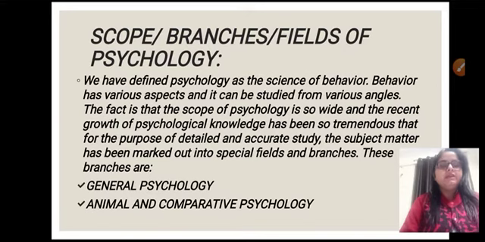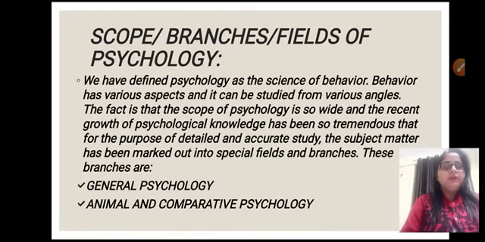So basically, it is the science of behavior, and behavior has different aspects. If I want to study human behavior, it has various angles. To study various angles of human behavior, we need to study psychology in depth, and in an accurate and detailed manner.